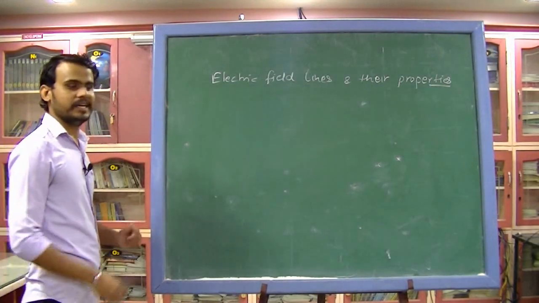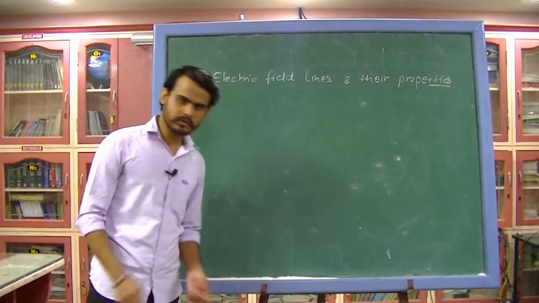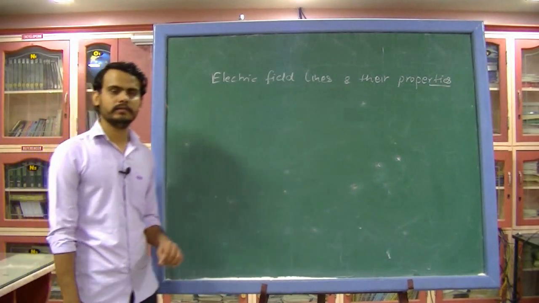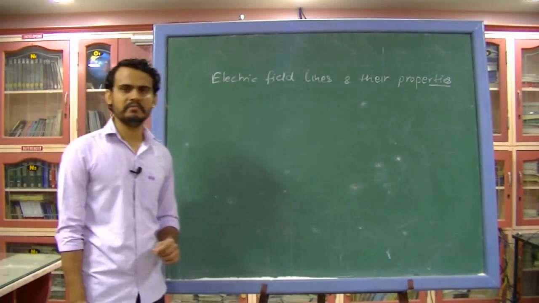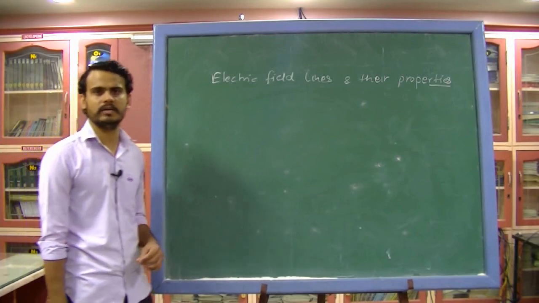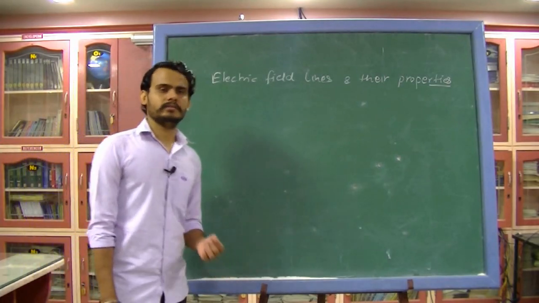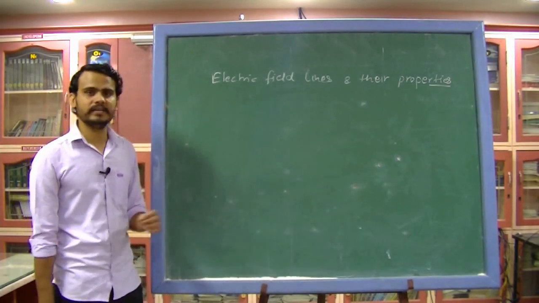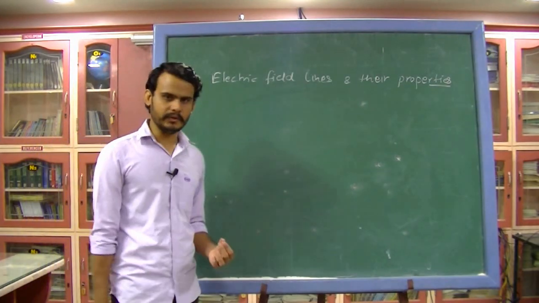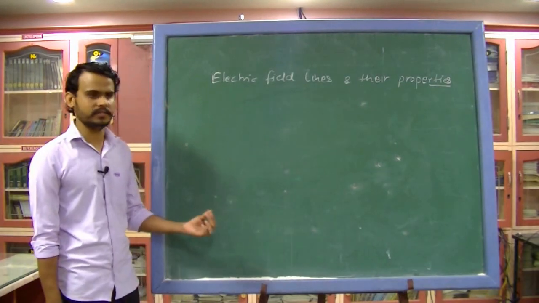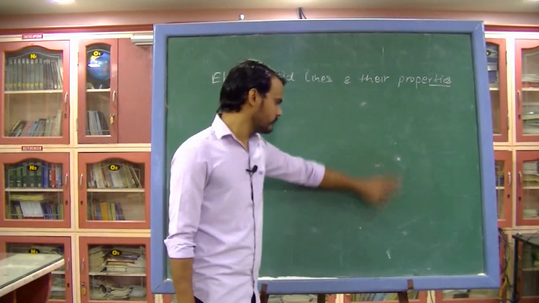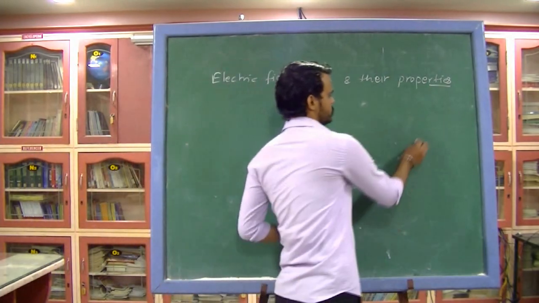Now, as I said, electric field cannot be seen. So, to represent the electric field on paper, we make use of some lines. Those lines are called electric field lines. As you realize that electric field cannot be seen, whatever lines we are drawing are basically imaginary lines. Now, to visualize this, suppose you have a bulb.